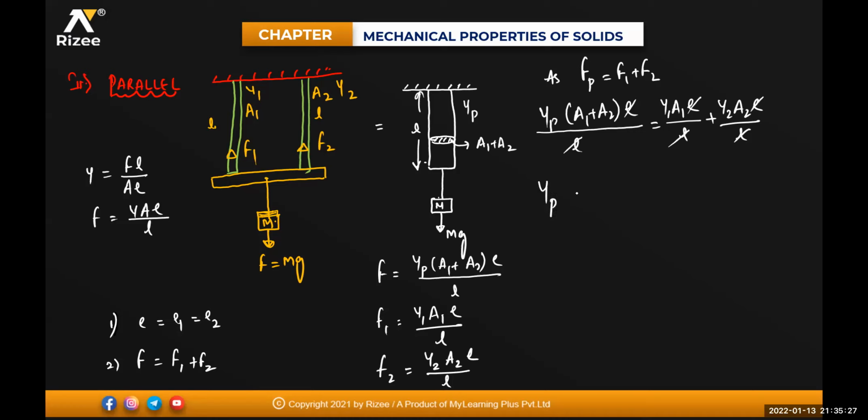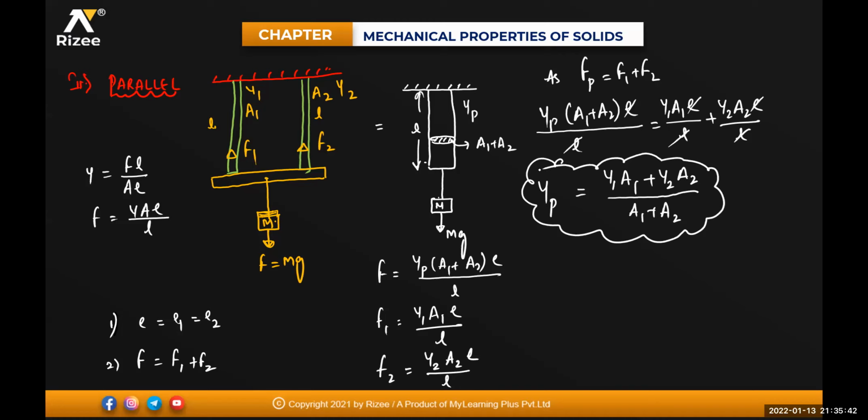So Y in parallel will be equal to Y1 A1 plus Y2 A2 divided by A1 plus A2.